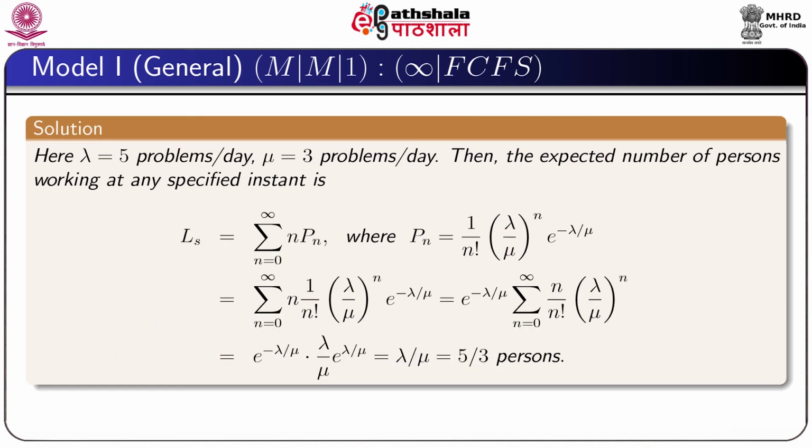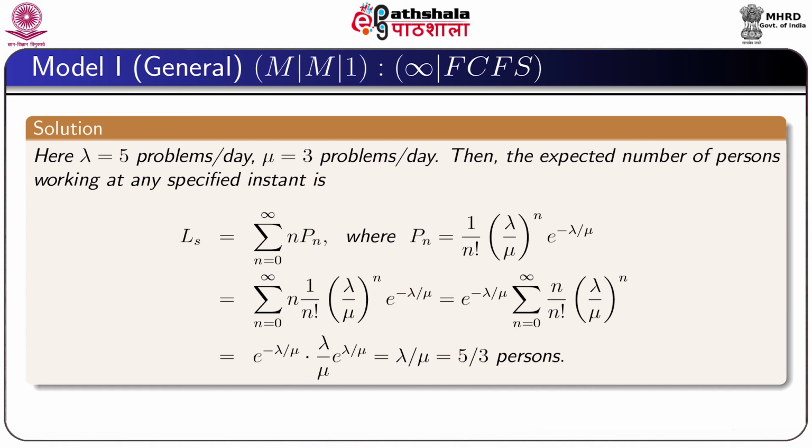Here we have the arrival rate lambda equal to 5 problems per day, service rate mu equal to 3 problems per day. Then the expected number of persons working at any specified instant is Ls equal to summation n equal to 0 to infinity n p n, where p n is equal to 1 by factorial n into lambda by mu whole to the power n into e to the power minus lambda by mu.